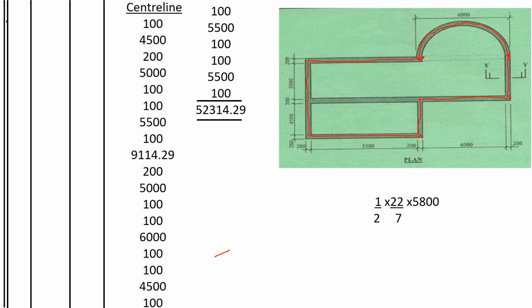Then we go to here, 100 up to there plus 5500 plus 100. So once we get the total length of all these, we shall get the length of the center line.